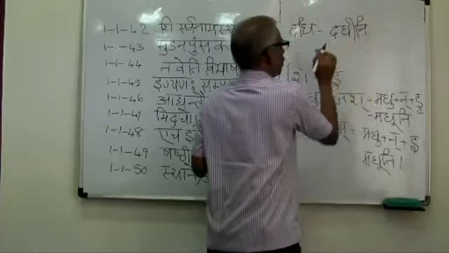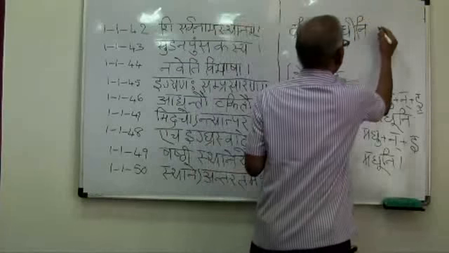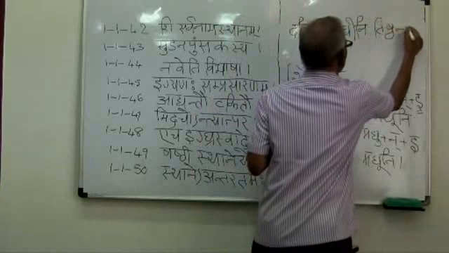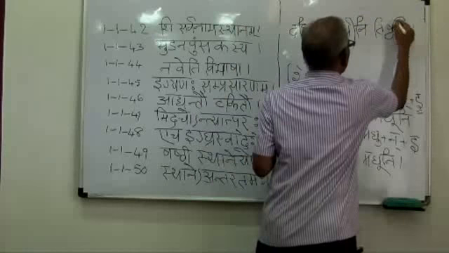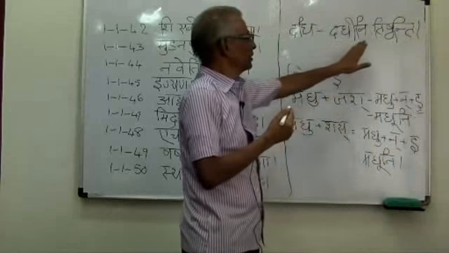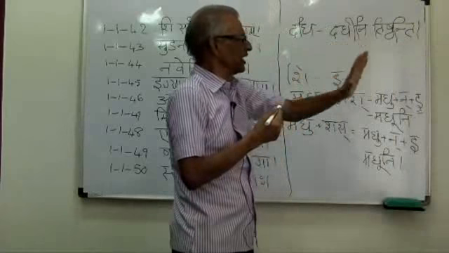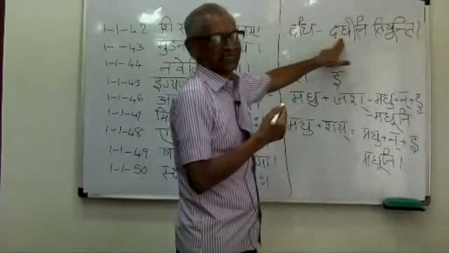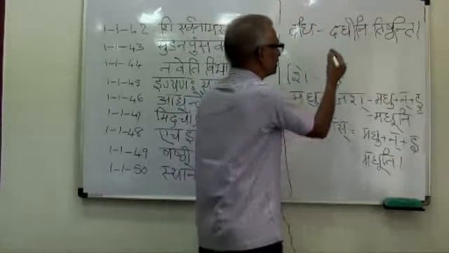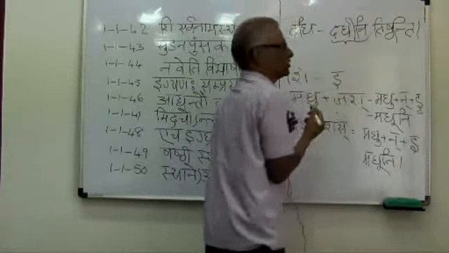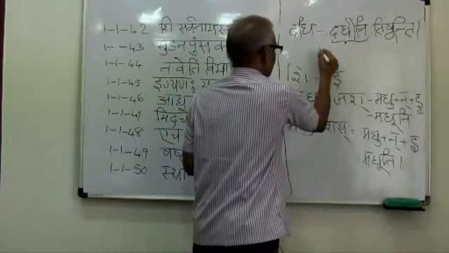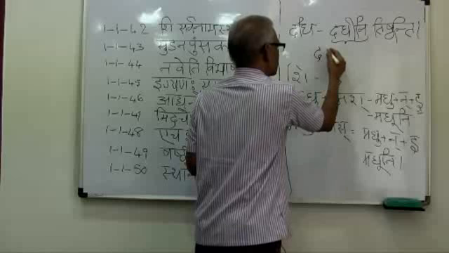This is Prathama Bahuvachanam. Dadhini Tishtanti is one sentence. What does it mean? Tishtanti means there exist. Curds exist. So this is Prathama Bahuvachanam. The same form is there in Dvitiya Bahuvachanam also.